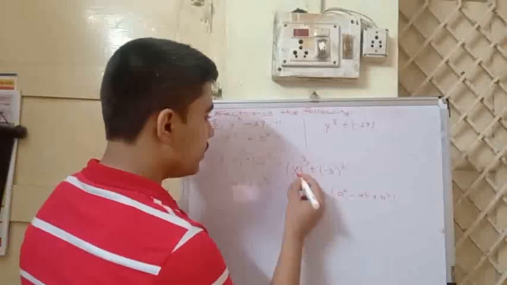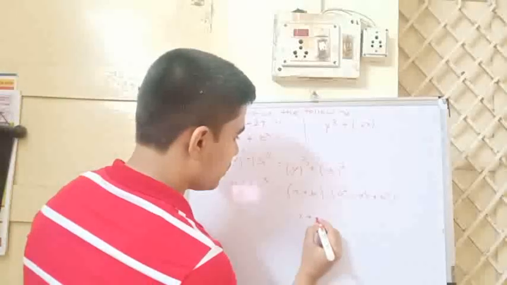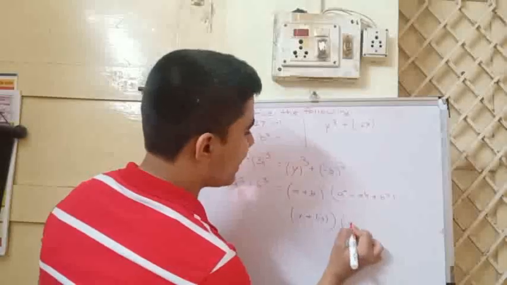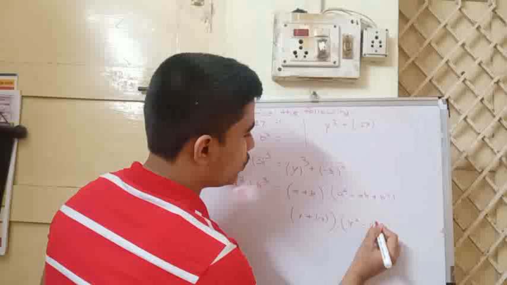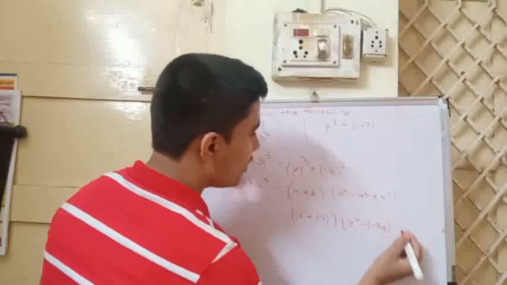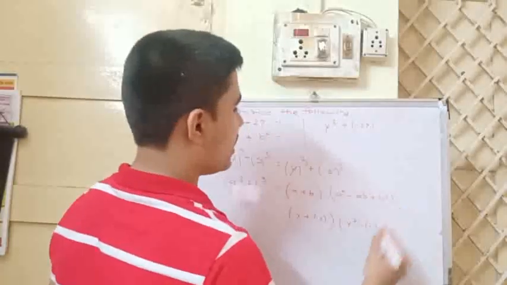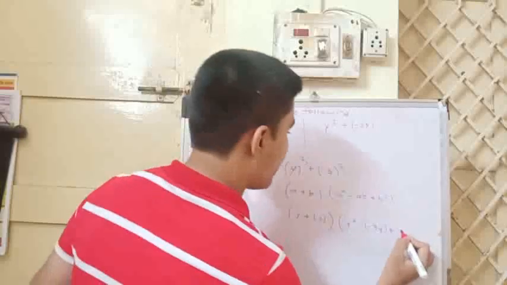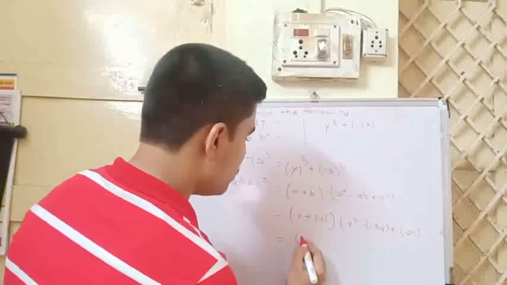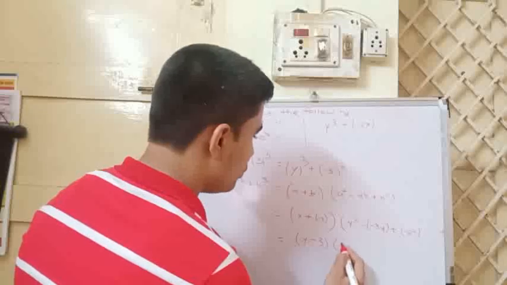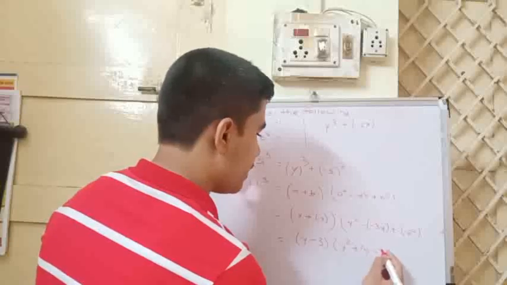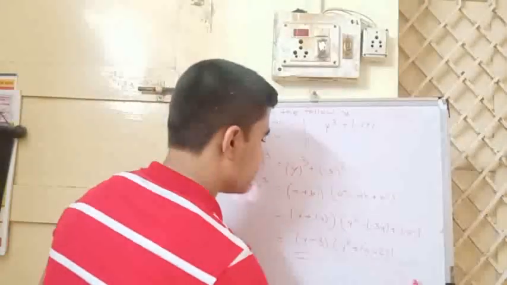Now here a is y, so here will be y plus of minus 3, multiplied by a square, so y square minus y into 3, but it is minus 3, so it will be minus 3y, and then plus b square, minus 3's cube is minus 27. It will be equal to y minus 3 into y square plus 3y minus 27, and this is your answer.